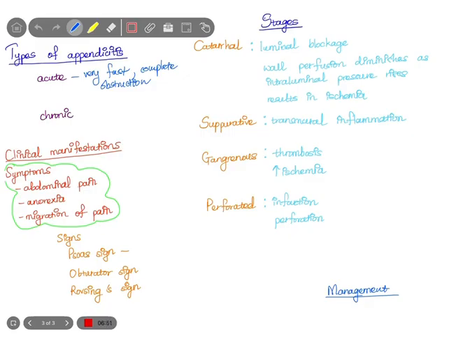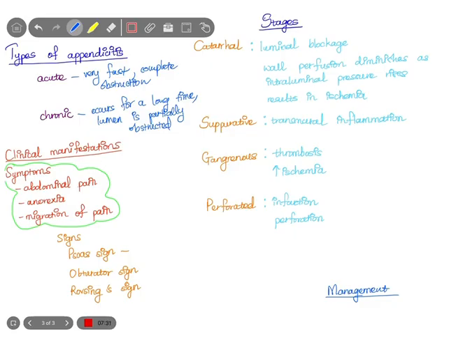And appendicitis could also be chronic. This is an inflammation that can last for a very long time. This is rare, and it means that the lumen is partially obstructed.